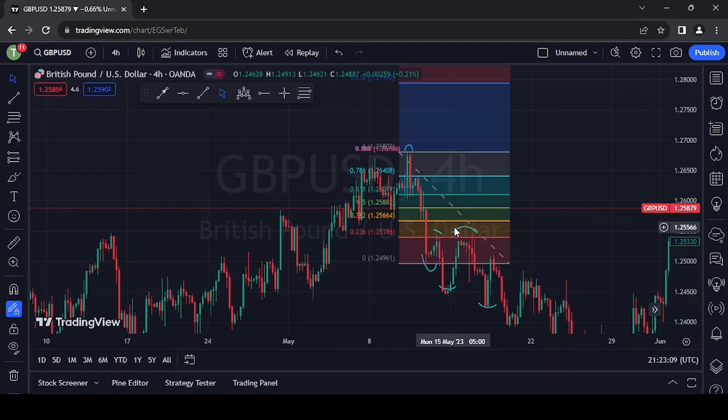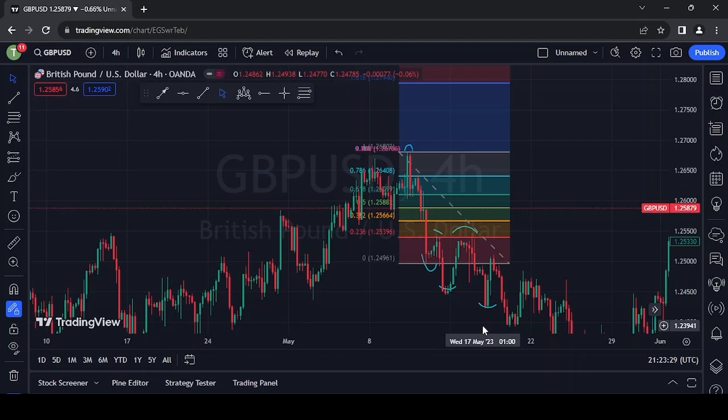Now, a stable trend will retrace to the 50%. This is the 50% mark, before continuation lower for a bearish trend or continuation higher for a bullish trend.